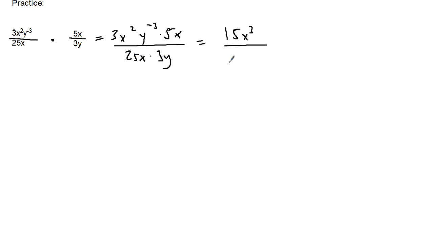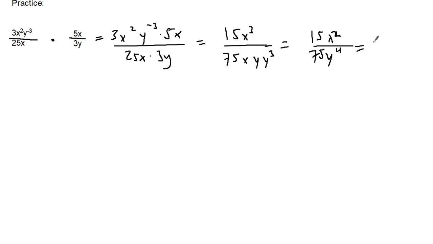So 25 times 3 is 75. We have x, and then y, and then y cubed. But this y cubed can combine with this y to the 1. And this x cubed and this x can also be taken away. So we have 15x squared over y times y cubed, which is y to the 4th power.